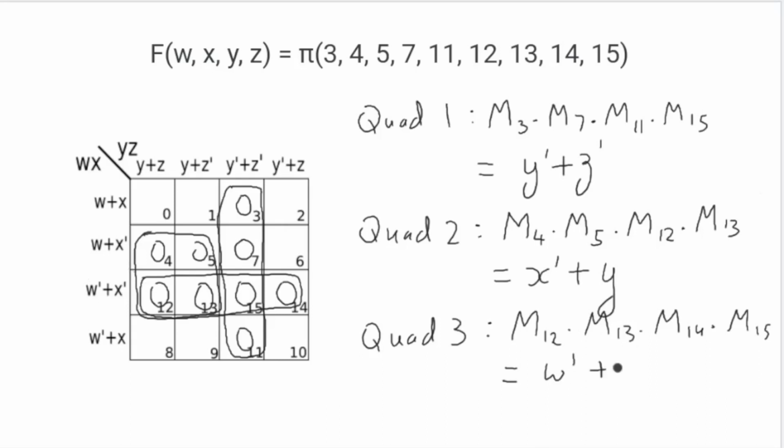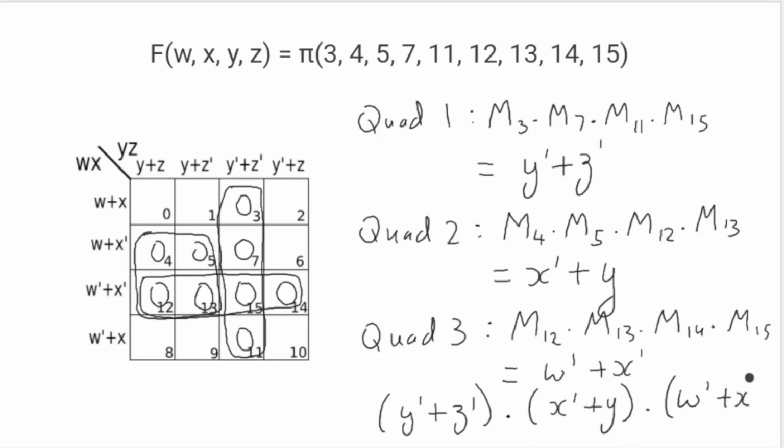So w complement plus x complement. The final answer will be y complement plus z complement dot x complement plus y dot w complement plus x complement.